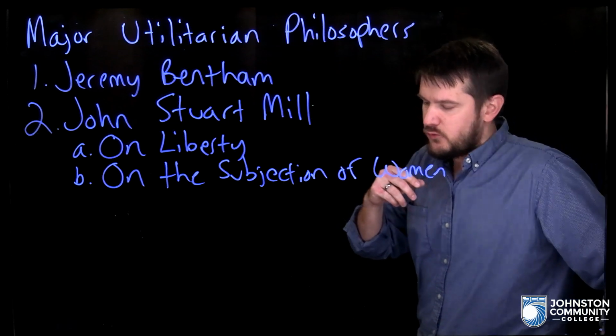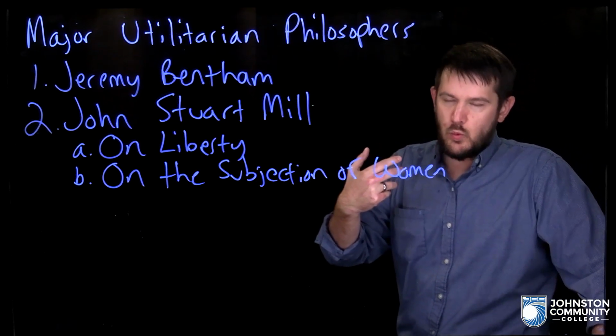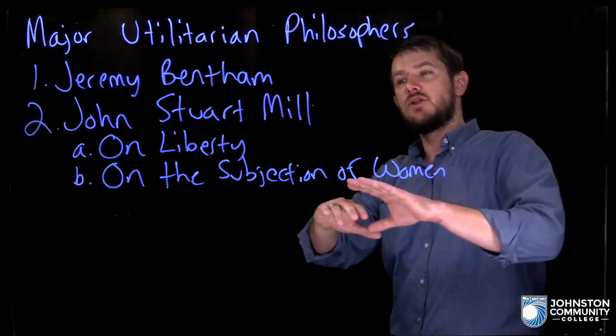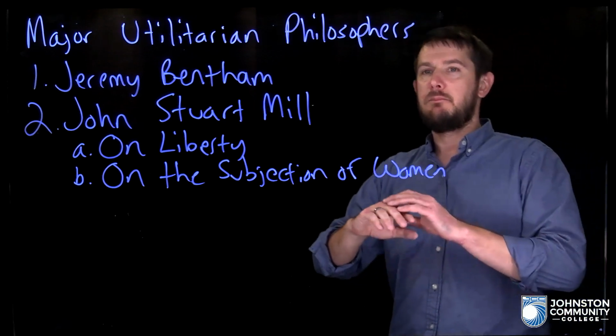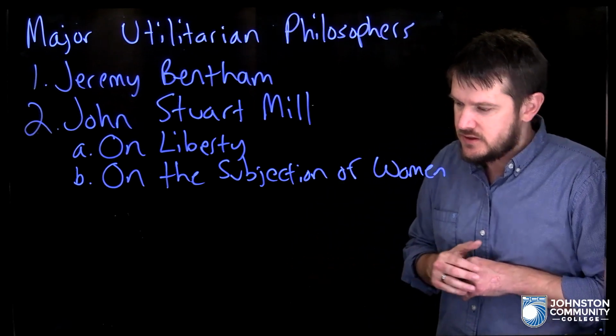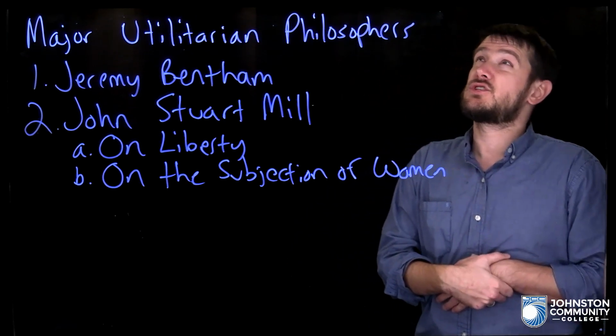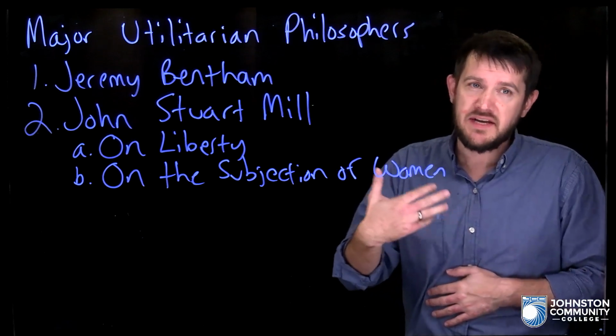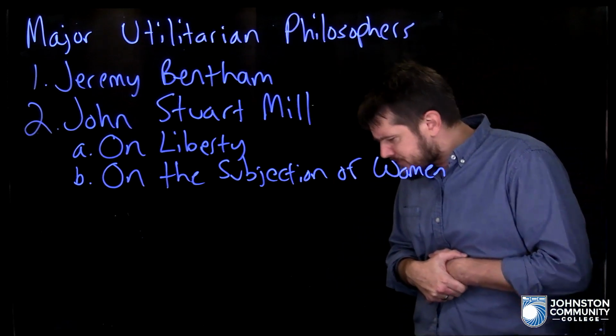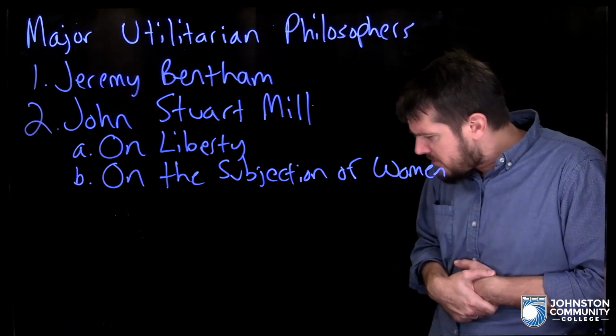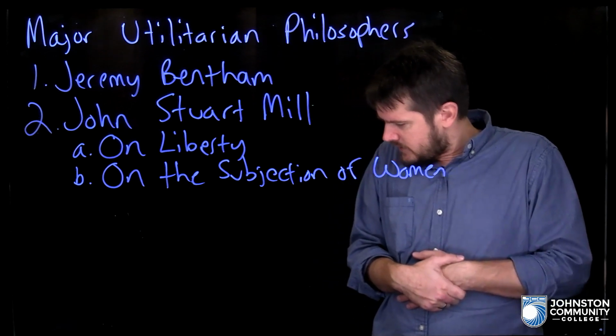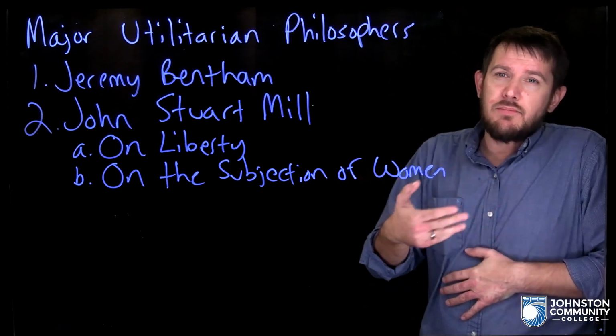It's an argument for women's liberation. Keep in mind, Mill is writing in the mid-1800s, 5 or 6 decades before women got the vote. And he argued that women should have the same rights and opportunities as men.